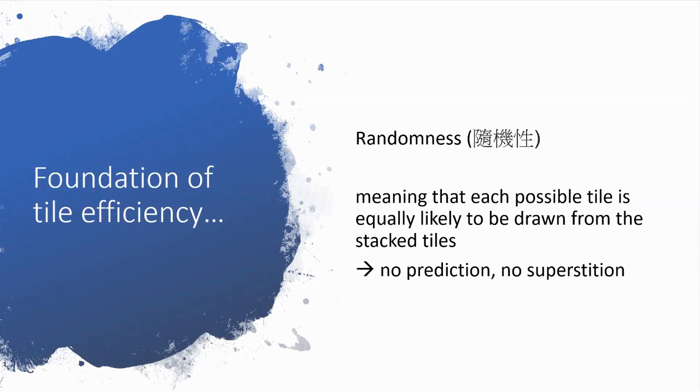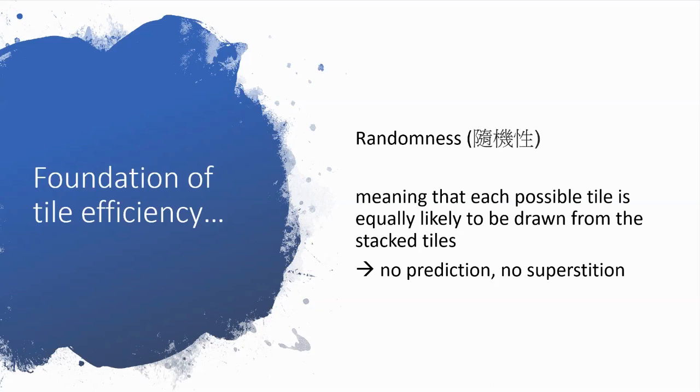By randomness, it essentially means that there will be no prediction and no superstition, okay? Say for example, if you consistently draw 4 萬子, then you should not think that the 5th tile that I'm going to draw would also be a 萬子, okay? Because by randomness, you cannot really predict what happens next, even if you draw 4 consecutive 萬子, okay? That is basically the idea or the spirit behind randomness.